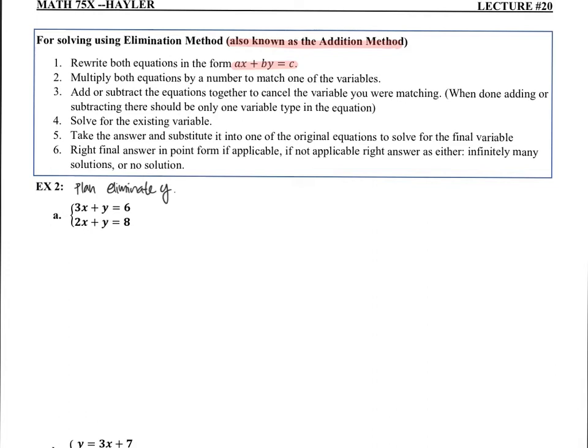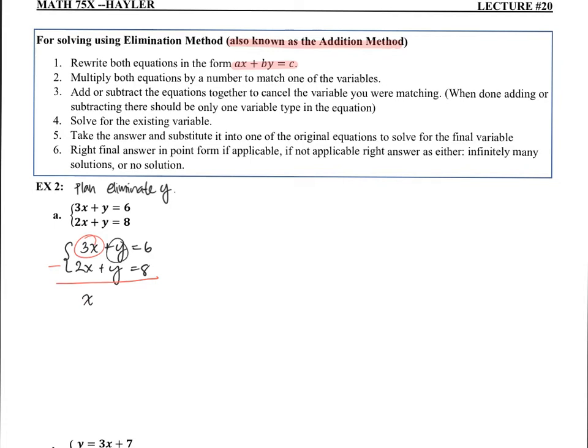Now, when I add or subtract, I want to cancel the variable. So, if I was to add y to y, would that cancel them? No, I just end up with 2y. So I know I'm not going to add. I'm going to subtract. So let me go ahead and rewrite my equation. And let's subtract. So it's going to be 3x minus 2x, so that is going to end up being 1x.